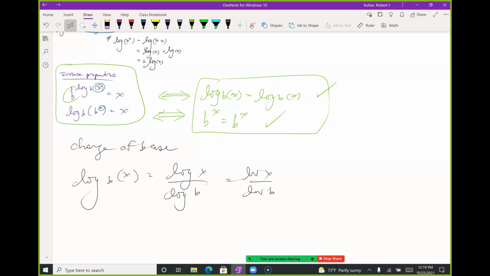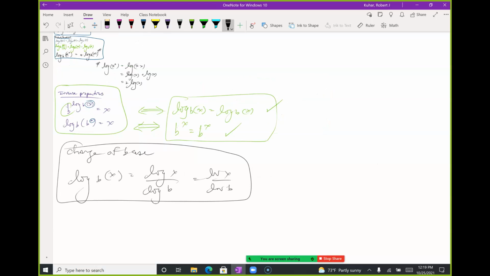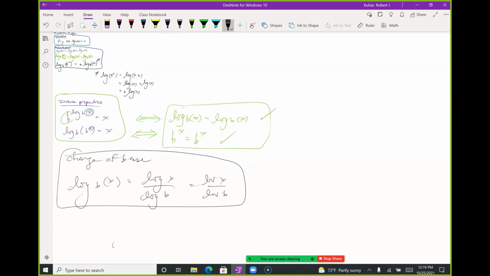These two I have on my calculator. Actually, I have log base b on my calculator as well. It's just hidden inside the math functions. But I want you to be able to show me the algebraic work anyway. So those are my last three properties there.